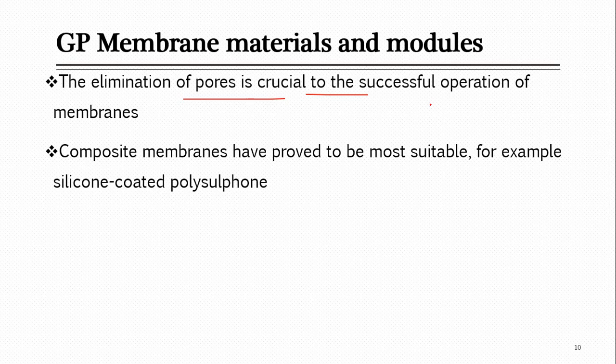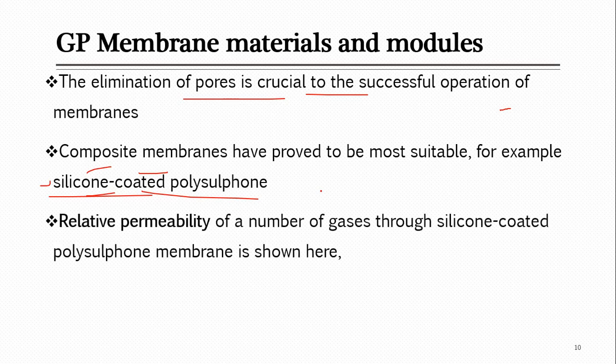One component here is polysulfone, and the surface of that membrane is coated with another material, silicon. If the polysulfone surface is defective, meaning it contains some smaller pores and is not totally dense, those pores can be filled with silicon. You just coat the surface with silicon and the pores will be closed. So these composite membranes can be used for those applications.